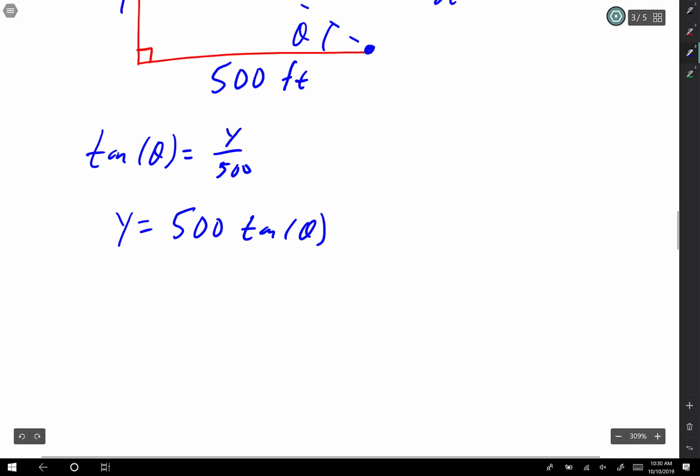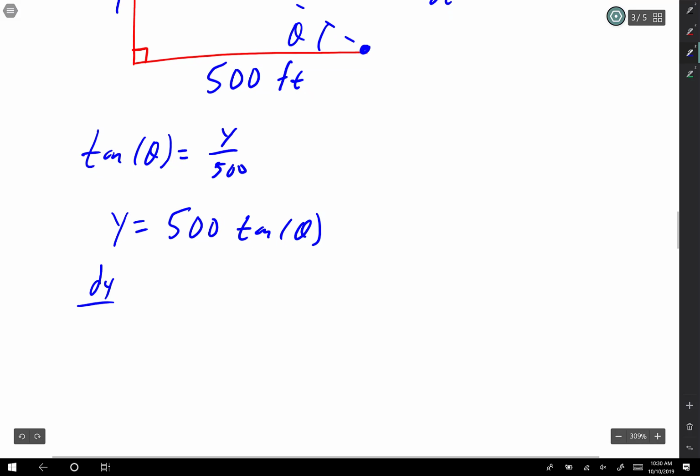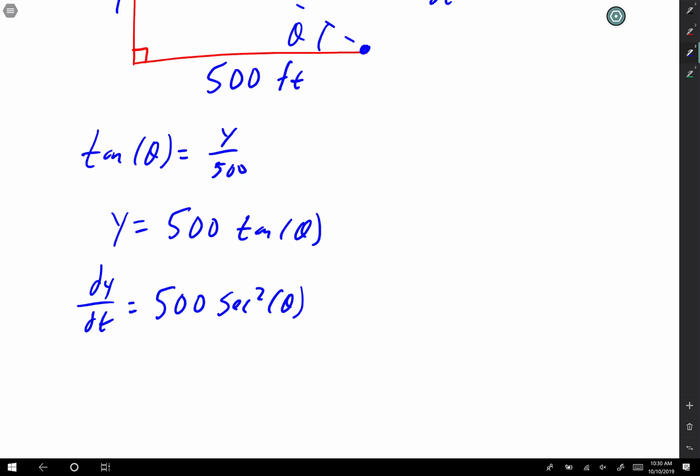So here we go. dy/dt equals 500. What's the derivative of tangent? Secant squared theta. And am I taking the derivative with respect to theta or with respect to t? t. So what do I put right next to it? d theta/dt. Perfect. I got everything I need, guys.